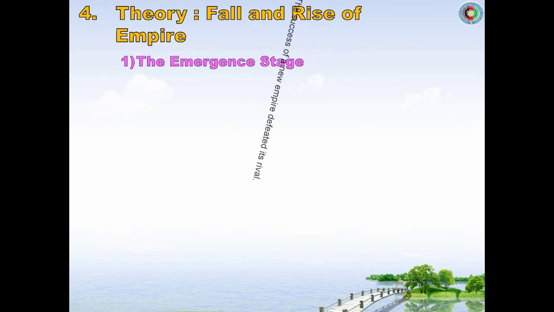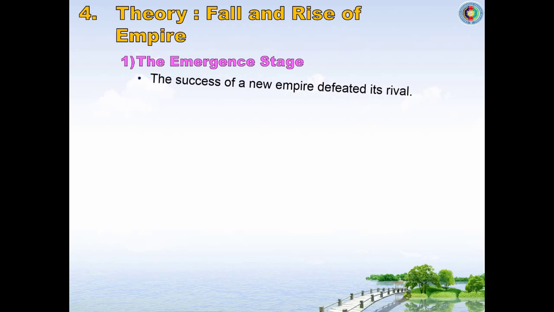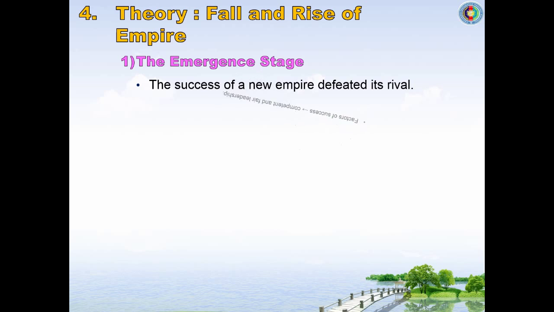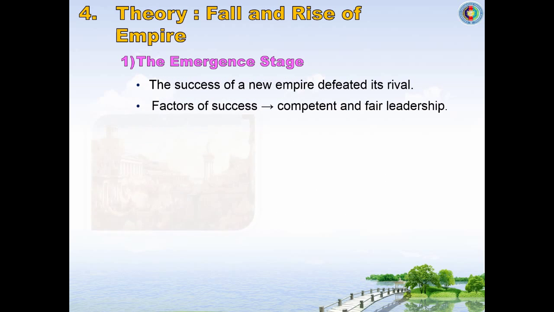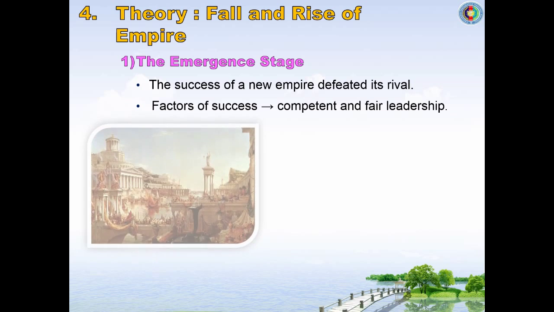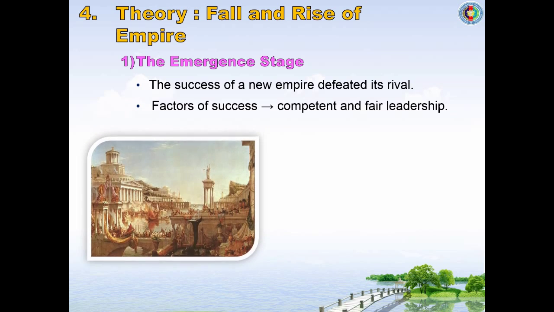The success of a new empire in defeating its rival. Factors of success were due to competent and fair leadership. People strongly rallied behind the leader and were united in safeguarding their country.